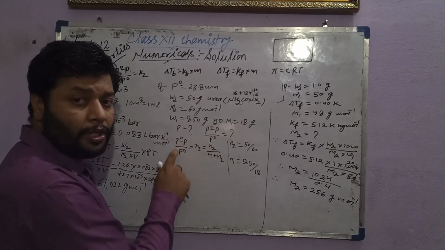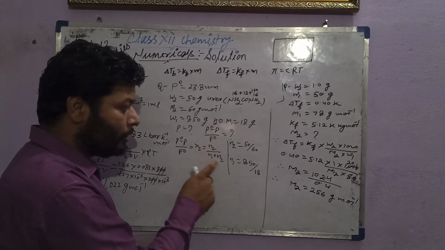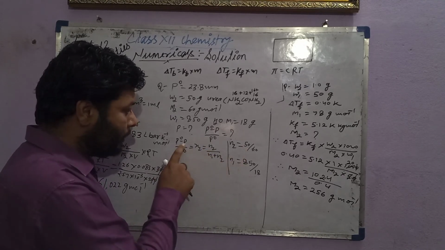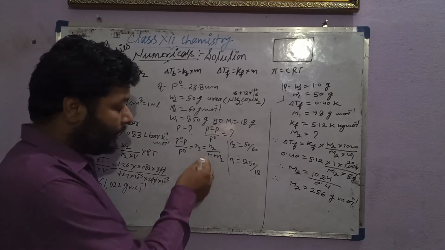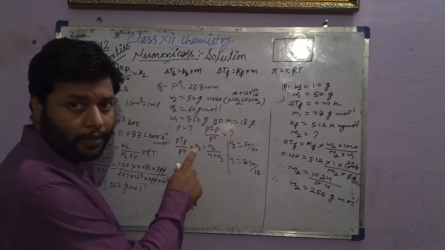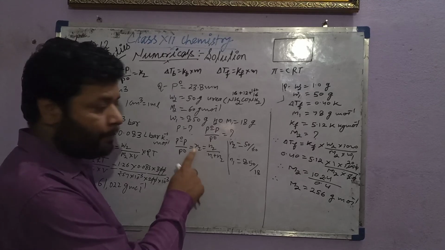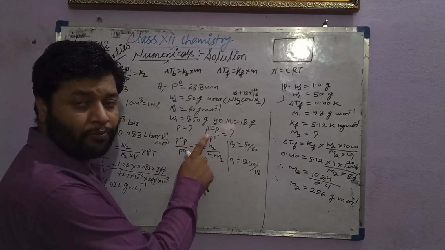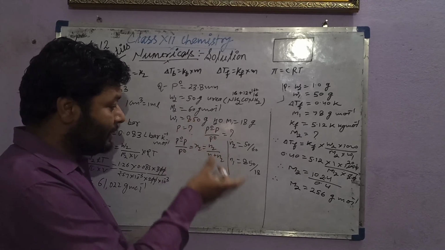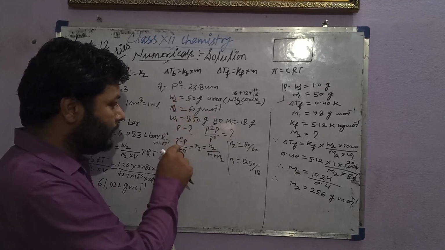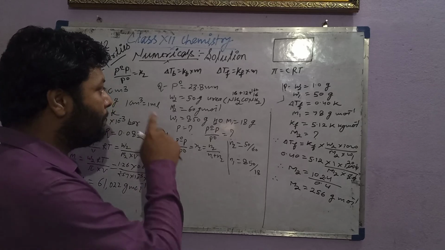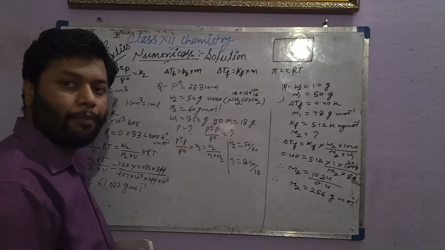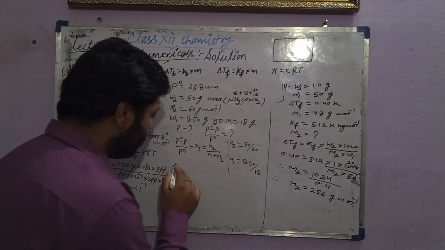When P naught is given and n1, n2 are solved, you can calculate the value of P. Whatever the value of x2 comes, that is the answer for the relative lowering of vapor pressure. Then put the value of P naught and you can calculate the value of P from the formula. That is the hint of this question.